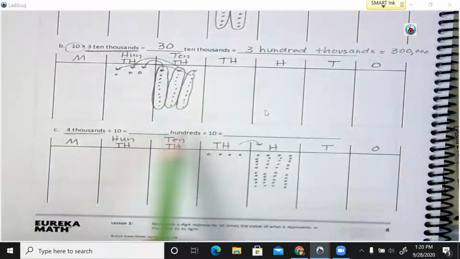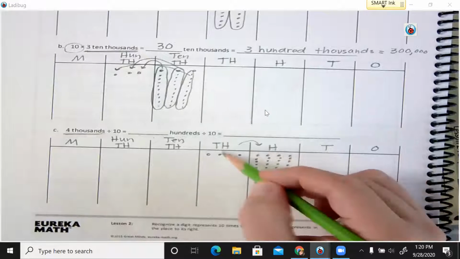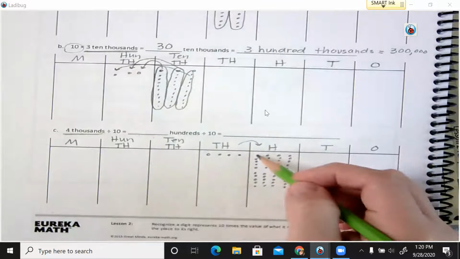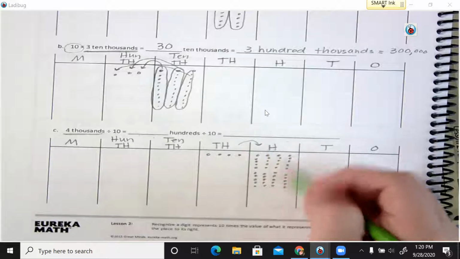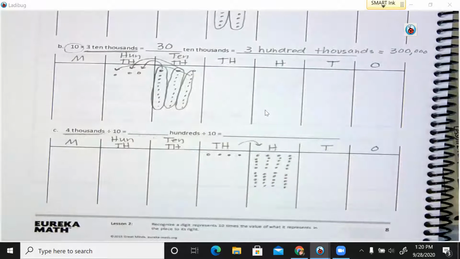So now we can tell how many hundreds we have. So when we began here, we took our 4,000s and then we put our 400s. Then we unbundled them.